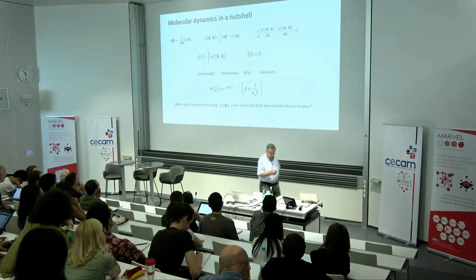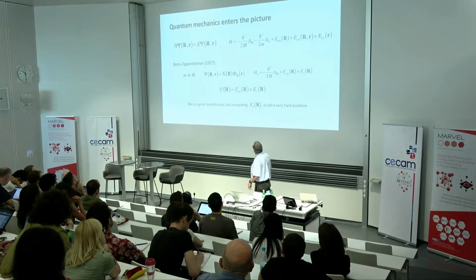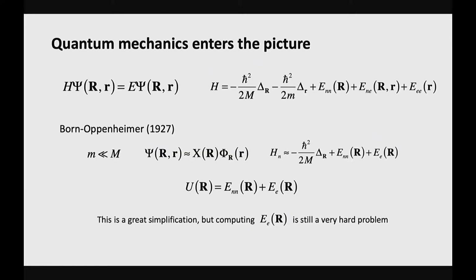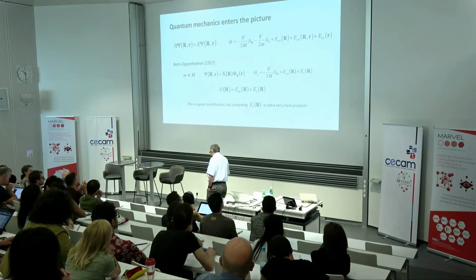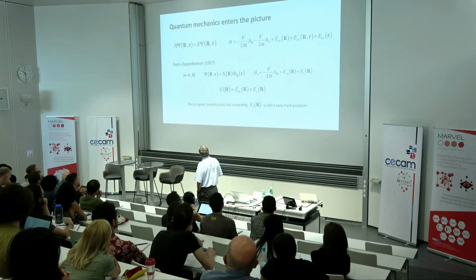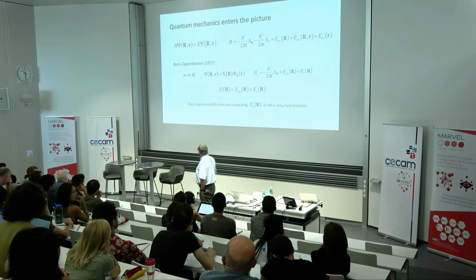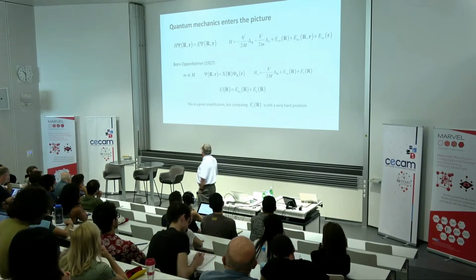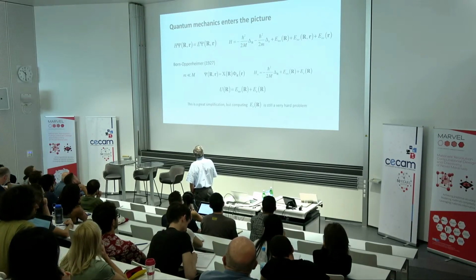Now, I'm not going in a historical way, but I just want to show that the paper that actually allows us to do that is a famous paper by Born and Oppenheimer that dates from 1927. So we go back to that time.